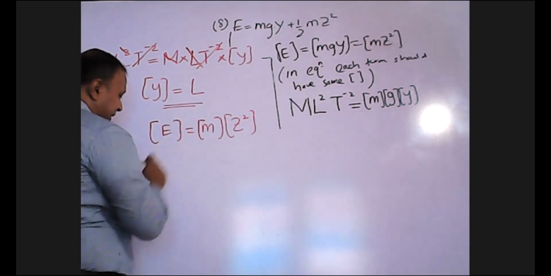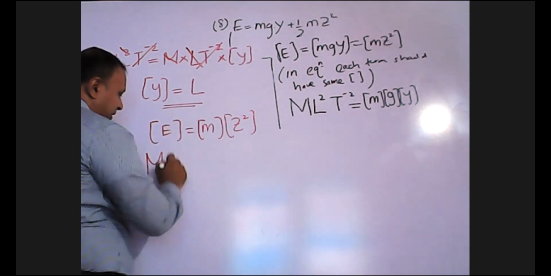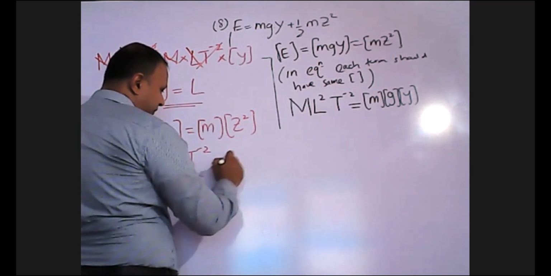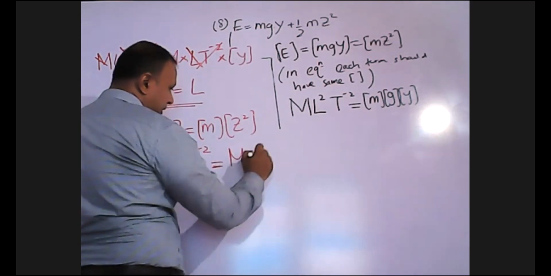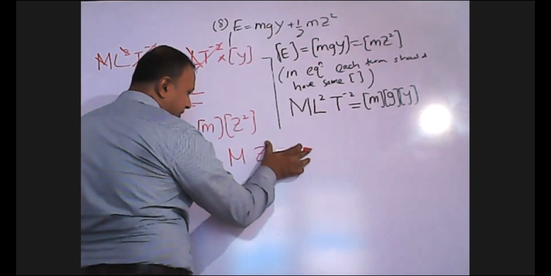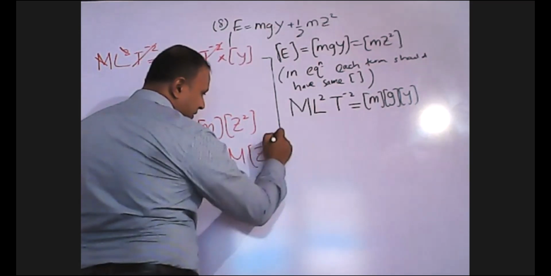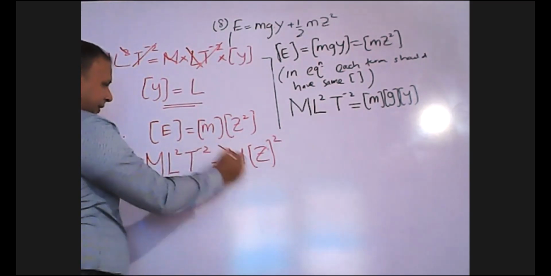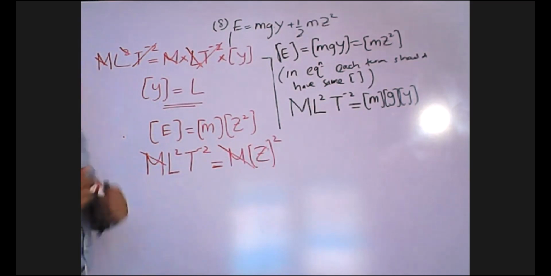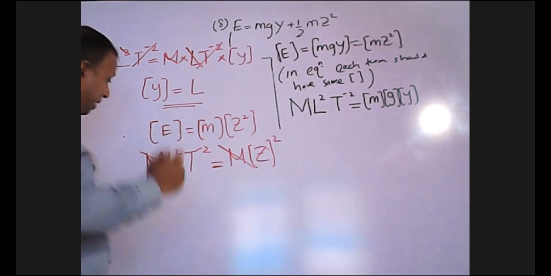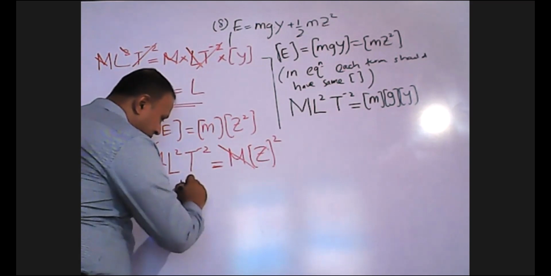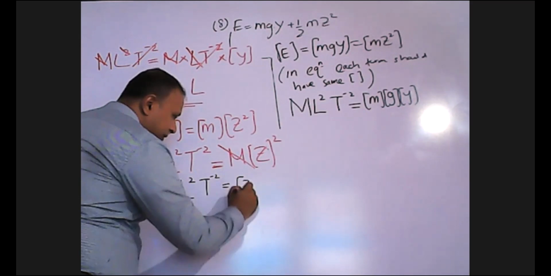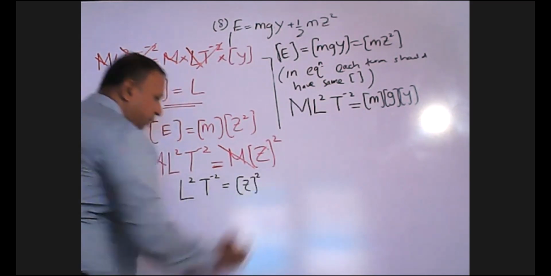So what is energy? The dimension of energy is ML²T⁻². Here we have M. Then here we have Z squared, the dimension of Z squared. Then M to M will be cancelled out. Then we will have L²T⁻² equal to Z to the power 2.